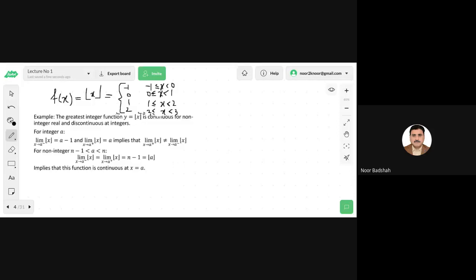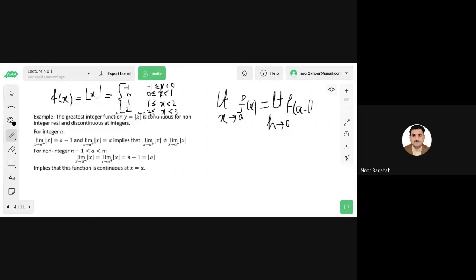I hope you remember finding left hand limit. If not, I'm just giving you an idea. Limit x goes to a from the left side, a minus, of f of x. I told you in case of unit step function, if you remove this minus sign, we change limit x goes to a with limit h goes to 0, and replace x everywhere in that function by a minus h.